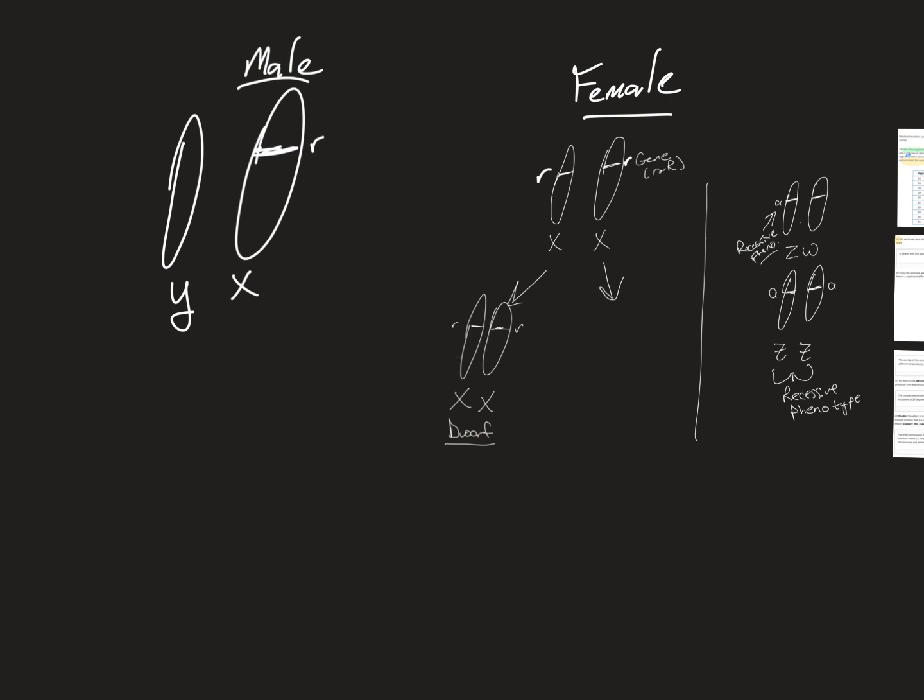However, if the father's not a dwarf, then there's no way for the female to be a dwarf, because the female is going to definitely get a big R from dad.